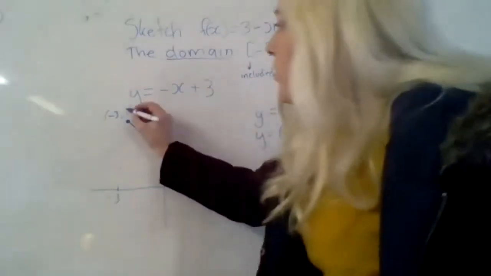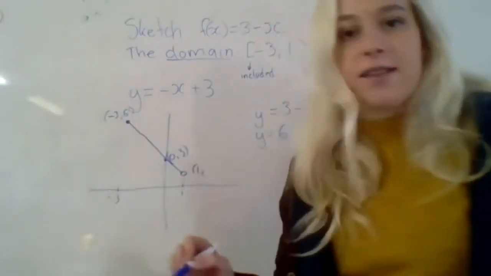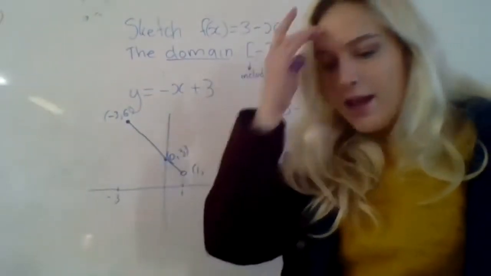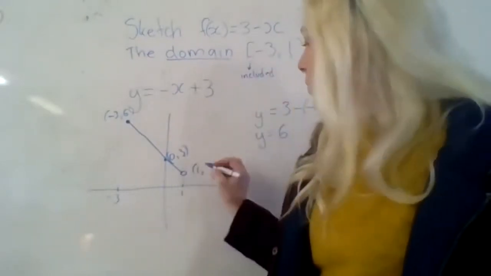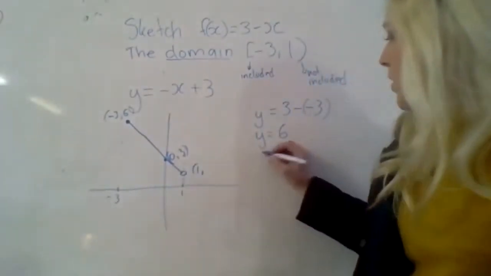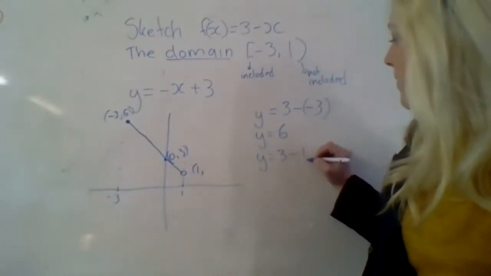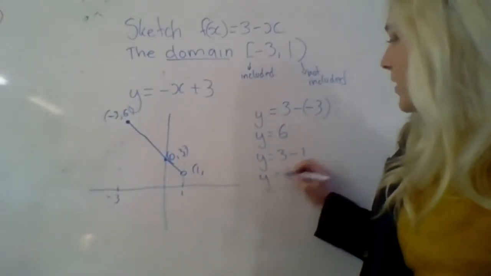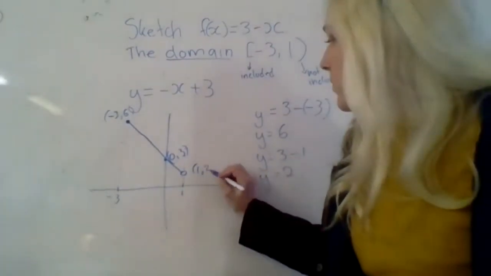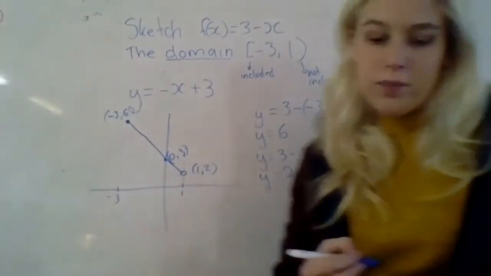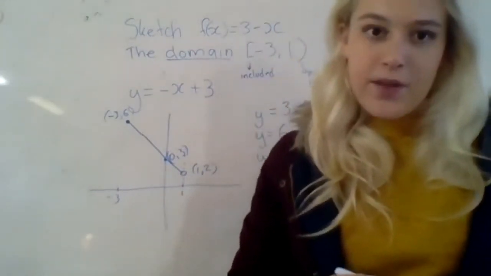So we get (-3, 6) as our point there. And let's do our last point here. y is equal to 3 minus 1, which means y is then equal to 2. So we get our 2 points that we can draw there.